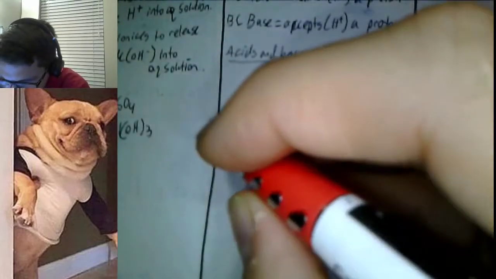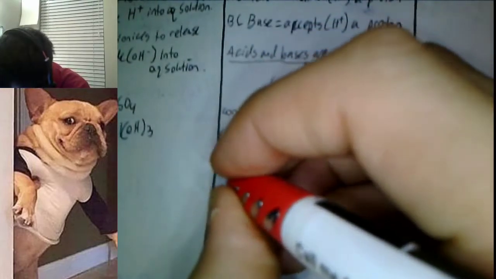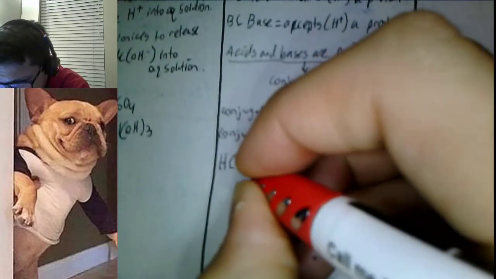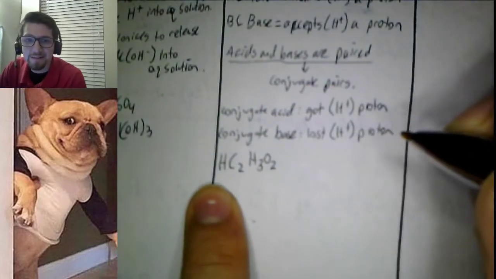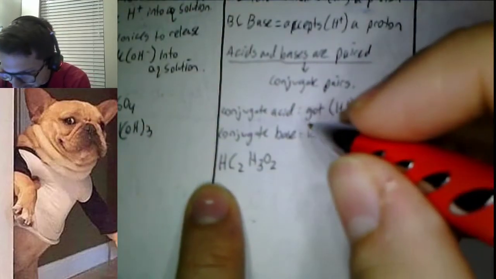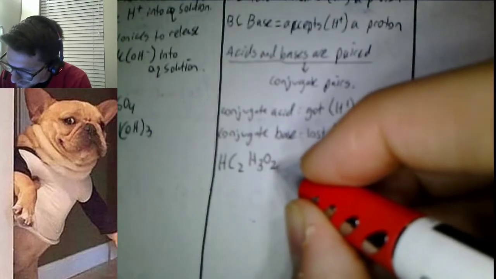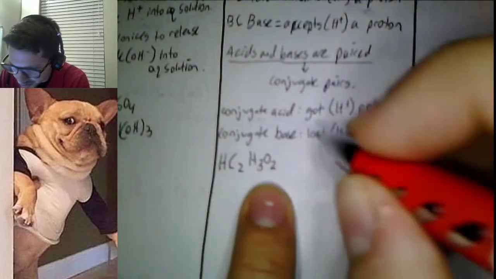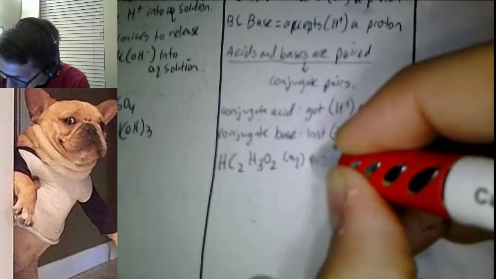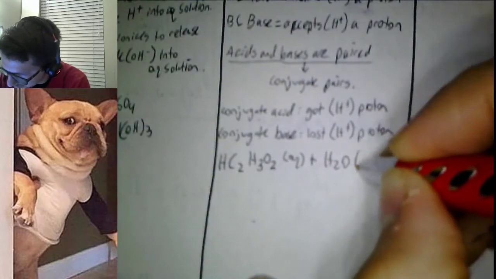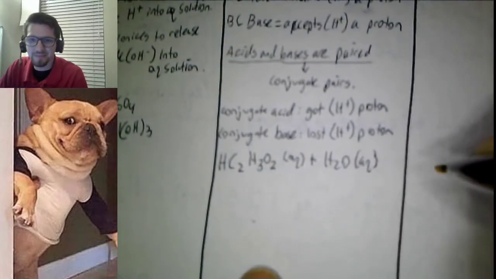So he said you have HC2H3O2. Notice this H, that means it's probably going to be an acid. So HC2H3O2, and that's aqueous, plus H2O, aqueous.